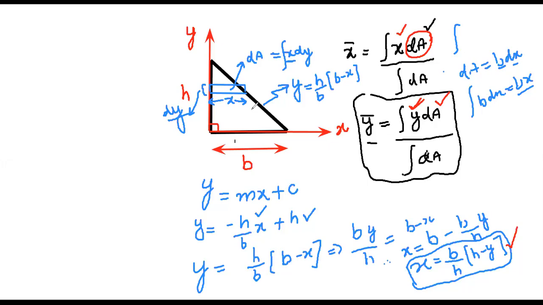Now see here, if we look at the area element that we have selected, this point of the area element does not lie on this graph.